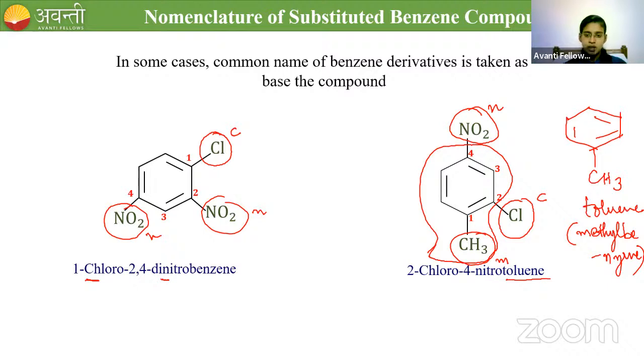If you are bringing any substituent into the phenyl ring, then you should not mention that number. Mostly the one which is attached as a substituent to carbon number 1 will be taken like this. Since in carbon number 1 I have a methyl group, I am taking this as toluene. Okay, Praveen, can you understand?